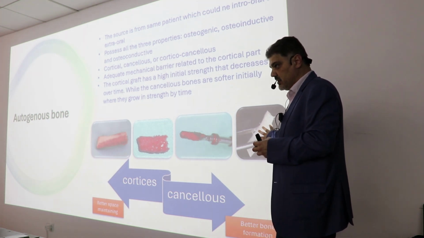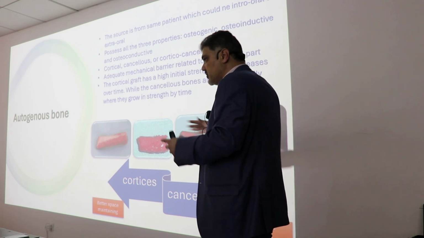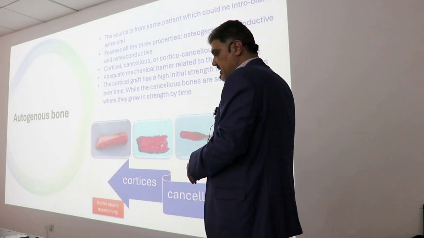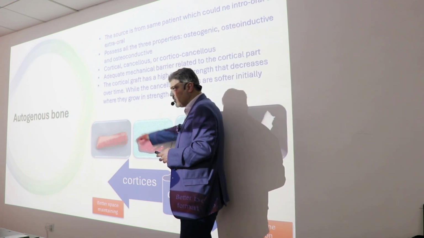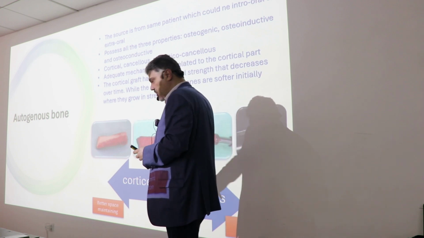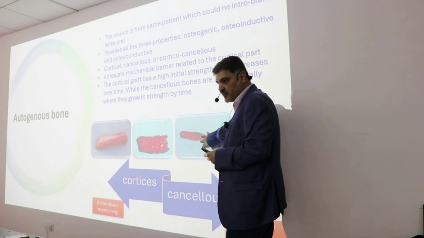We use it in one technique, one of your colleagues will now mention the technique, to protect the bone placed inside it. This is the cancellous. And while you are drilling through the bone, you can also collect cancellous bone from your drill.